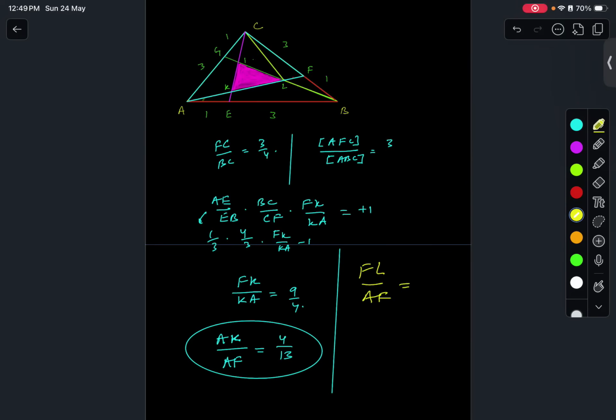Or FL upon AL, whatever. But ultimately, you have to find FL upon AF. Now you have to make a plan, which transversal I have to choose and which triangle I have to choose, where to apply the main laws. Then I'm reaching to that point.